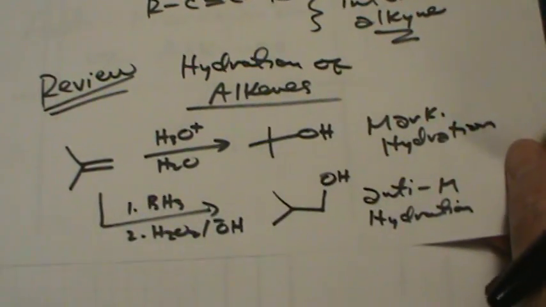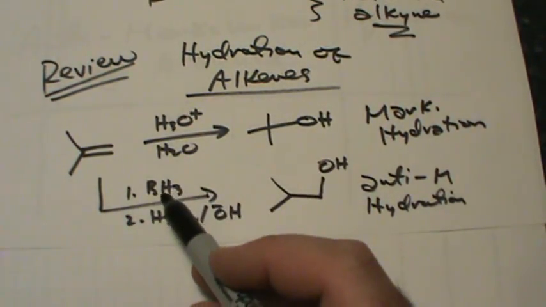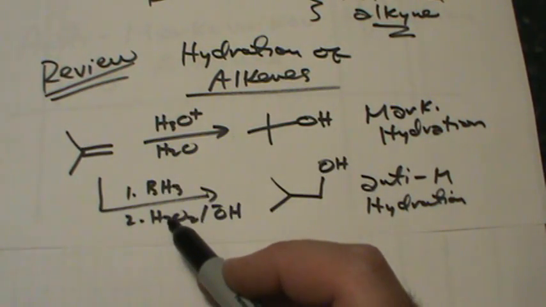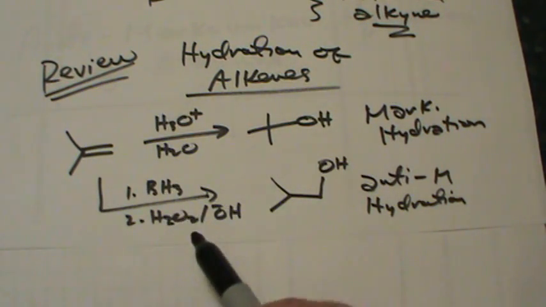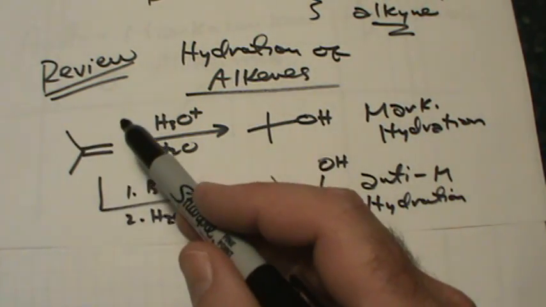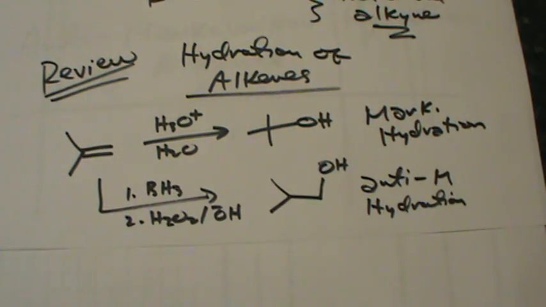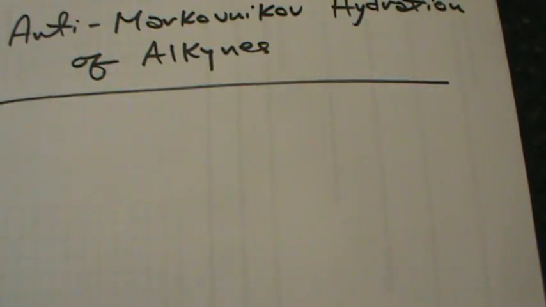We looked at it just a few moments ago. Here it is. We take the alkene and we perform a hydroboration oxidation sequence such that we add the hydrogen across the more highly substituted carbon, the OH across the less substituted carbon, to give us this anti-Markovnikov hydration product.